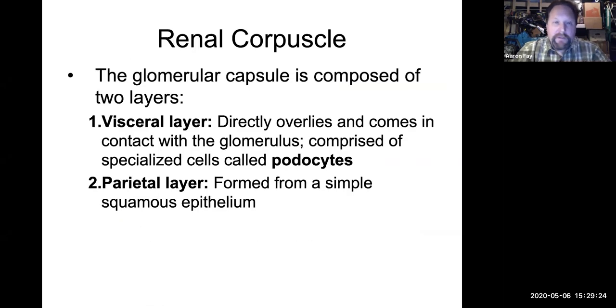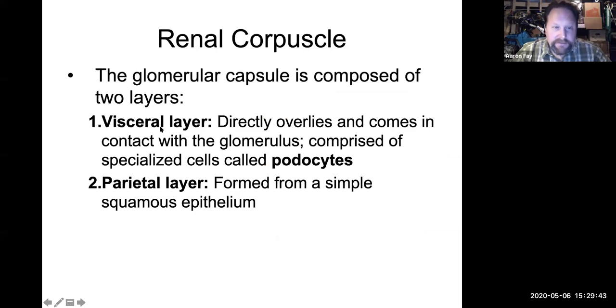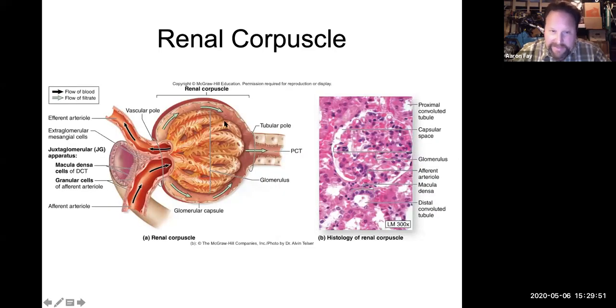Okay, so as I just mentioned, we have the glomerular capsule. The parietal layer is this layer out here, simple squamous epithelium. The visceral layer is the one that's actually in direct contact with the glomerulus, those podocytes. So the visceral layer directly overlies and comes in contact with the glomerulus and is made of cells called podocytes, these yellow guys here.